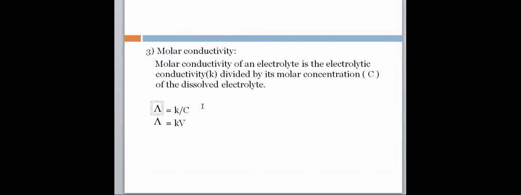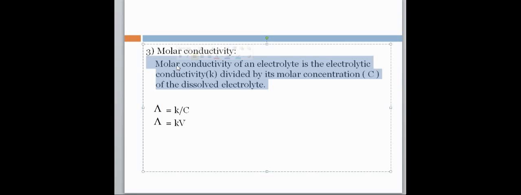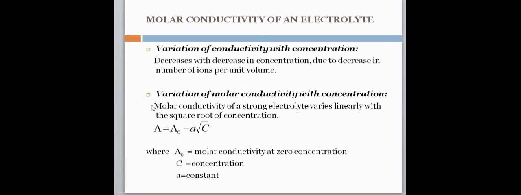Lambda is equal to conductivity upon concentration, or molar conductivity is equal to conductivity into volume of the solution. Molar conductivity of an electrolyte is the electrolytic conductivity divided by the molar concentration of the dissolved electrolyte. So lambda is equal to K upon C.